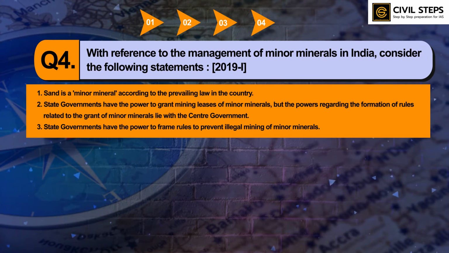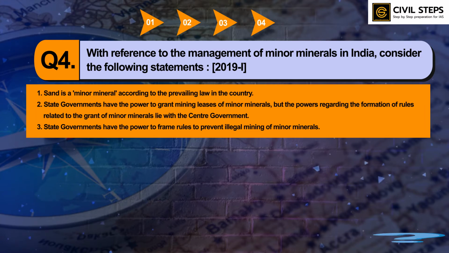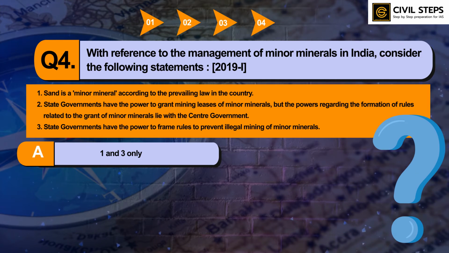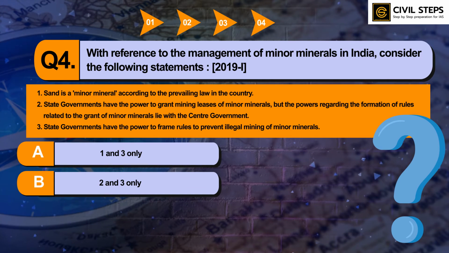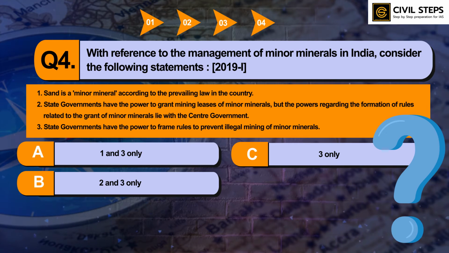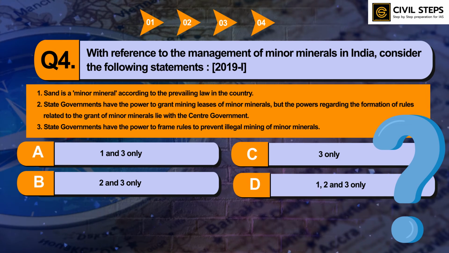Third, state governments have the power to frame rules to prevent illegal mining of minor minerals. Which of the given statements are correct? Option A, 1 and 3 only, B, 2 and 3 only, C, 3 only, D, 1, 2 and 3 only. You can pause this video and write your answer in the comment section below.